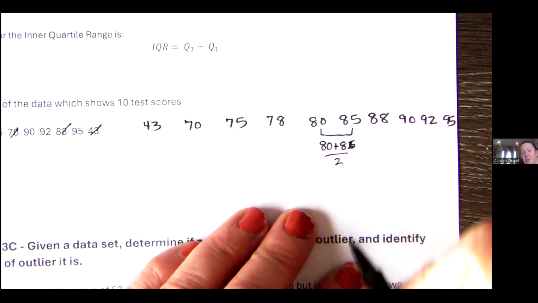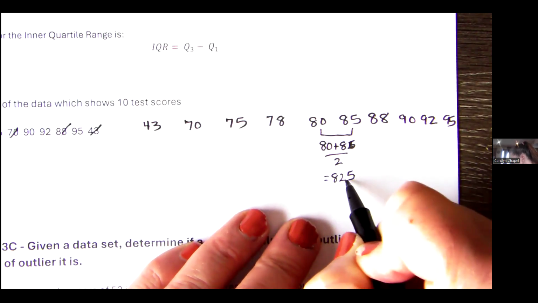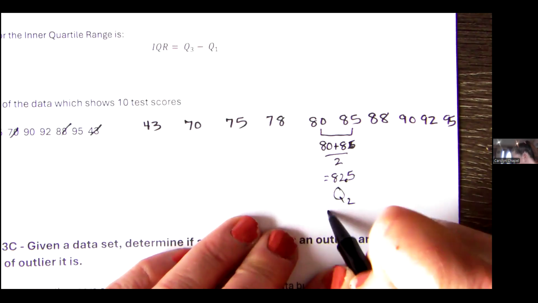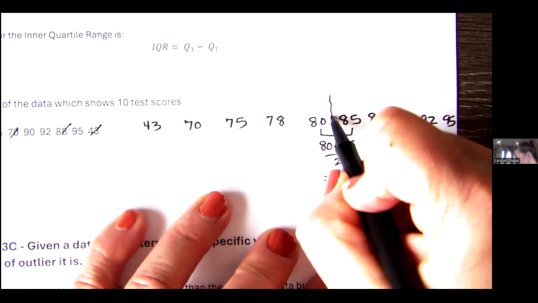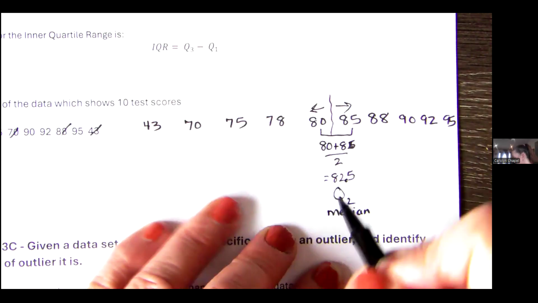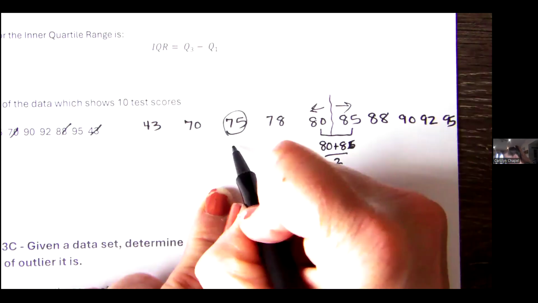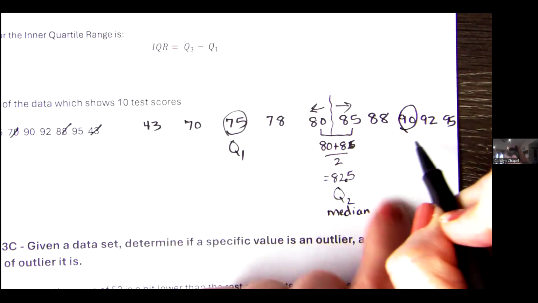I add those two and divide by 2, and I'm going to get 82.5. So that would be Q2, or the median. And it also divides our data into a lower half and an upper half. The lower half, the middle value, is right there, Q1. And in our upper data, there is our Q3.